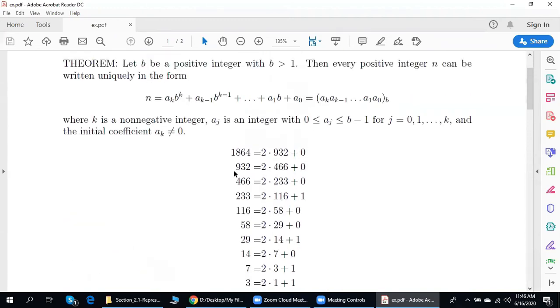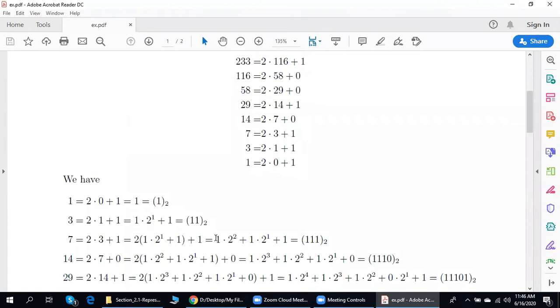Note that again, according to what is written here, this is equal to 1, 1, 1 in parentheses base 2. And indeed, in order to come up with this, we just read remainders up. 1, 1, 1.